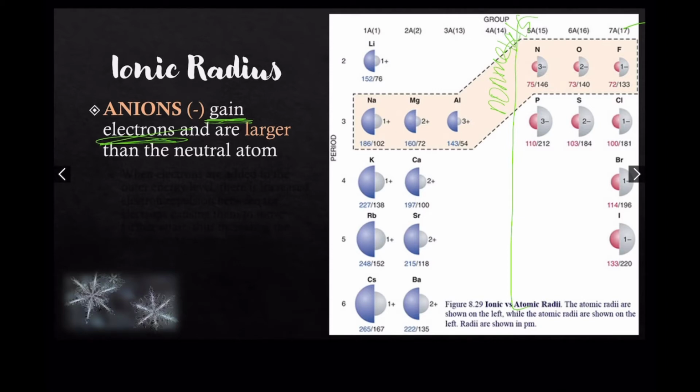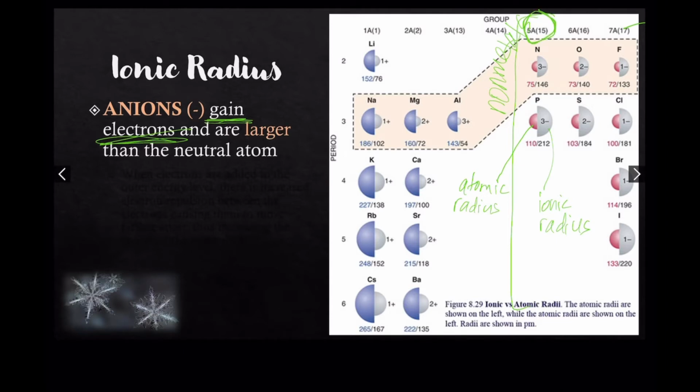So when we're looking at phosphorus, for example, in red, this shows the atomic radius for phosphorus, the neutral atom. And in gray, we have the ionic radius. Phosphorus is a group 15 element, or group 5A, the groups are shown here.